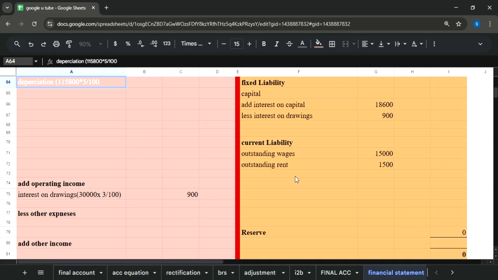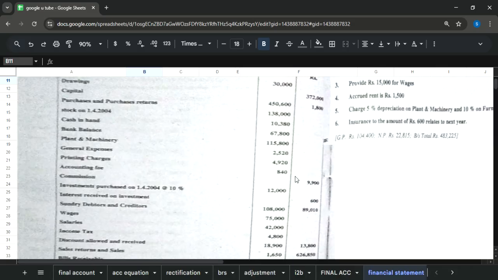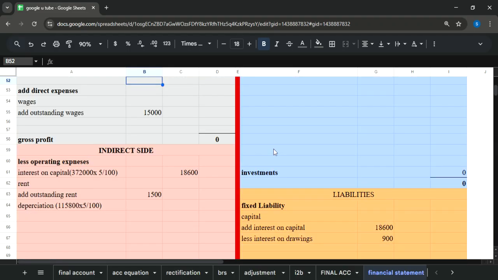I'm sure that you people have understood from where we have taken these amounts. I have told you the amount of 115,800. How have we taken it? This was depreciation upon plant, and plant and machinery was 115,800.